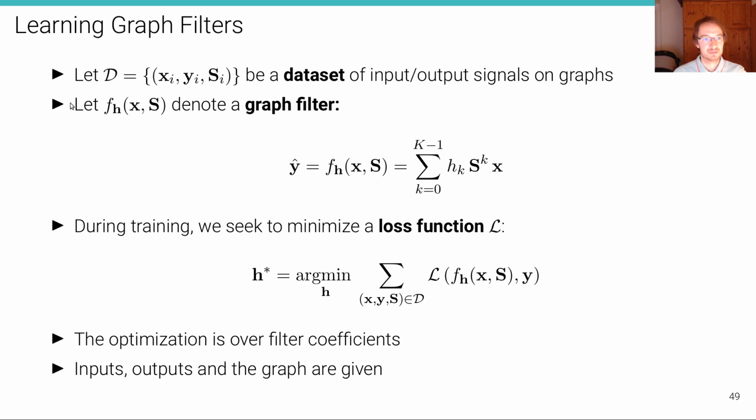So now let f_h of input signal x and graph shift operator S denote a graph filter, which means in the notation that we've used in previous lectures, y hat, the prediction, this is the output, the predicted output of this graph filter, is f_h of x and S, which is just this polynomial of the graph shift operator to the power of k and x with coefficients h_k, which are now the parameters of this model.